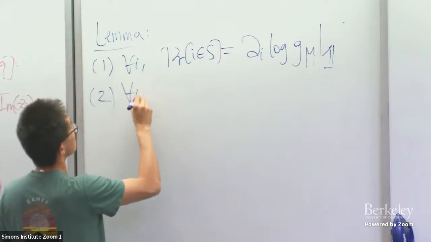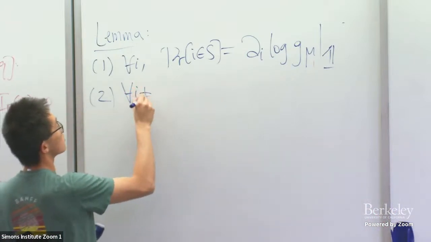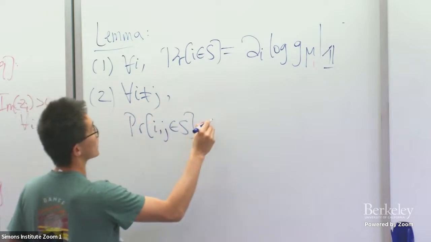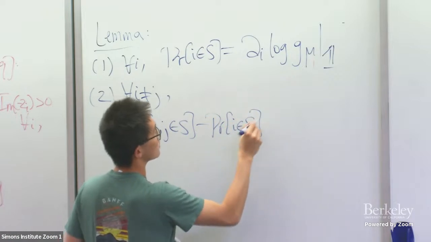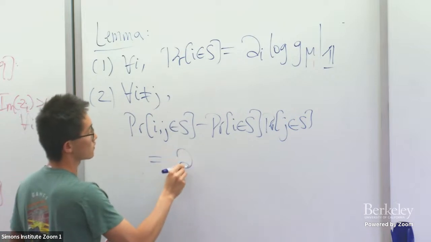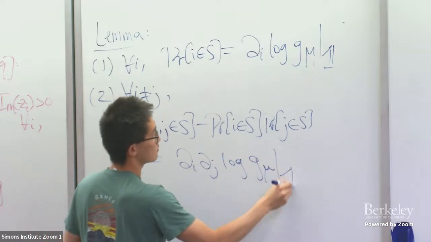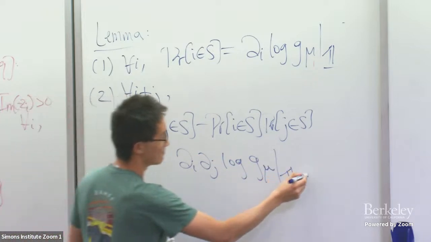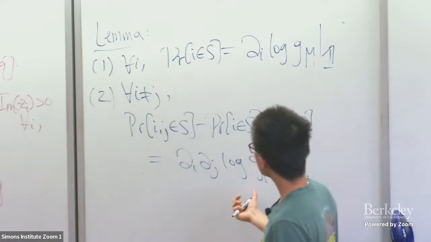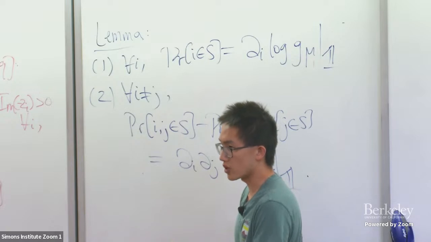So for all i not equal to j, the probability that i and j are in S minus the probability i is in S times the probability j is in S is equal to, if I differentiate twice. Okay, so I've written probabilistic quantities in terms of analytic quantities, and that's really the crux of the connection.